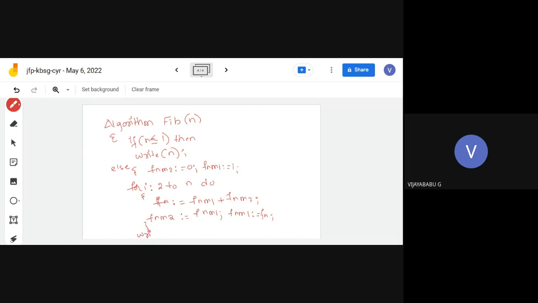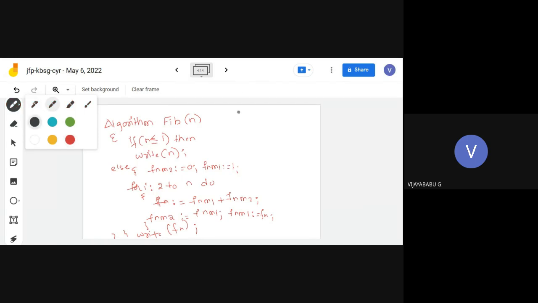And then writing the value of fn. So this is the algorithm. Our focus is finding out the step count for this non-recursive algorithm.